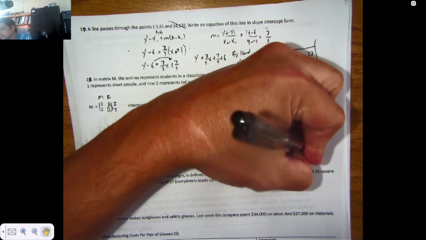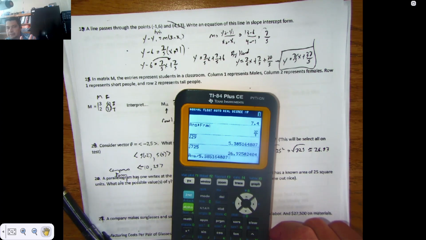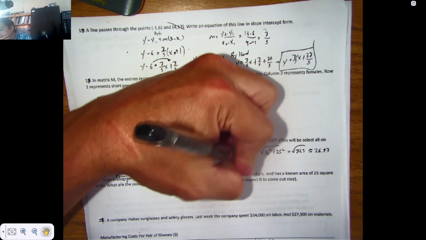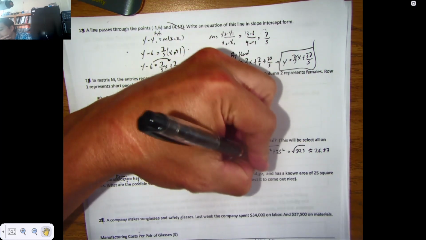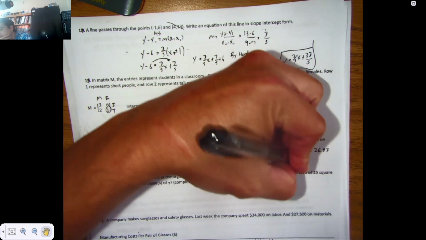Now I'm using rounded numbers. Well, actually, if I put it into my calculator, I can just use the decimal. I bet I get 5. I did. The magnitude is 5 times the old.